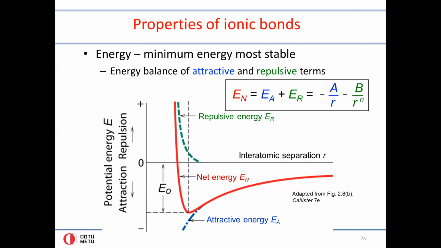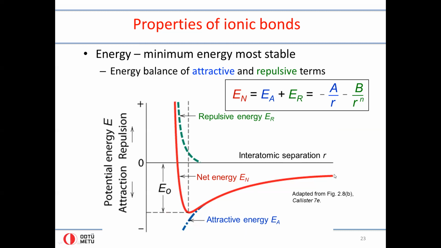At this separation, you look at the graph and you see that the value of repulsive energy is 0. The value of attractive energy, shown in blue, that overlaps with the red net energy curve, is non-zero.